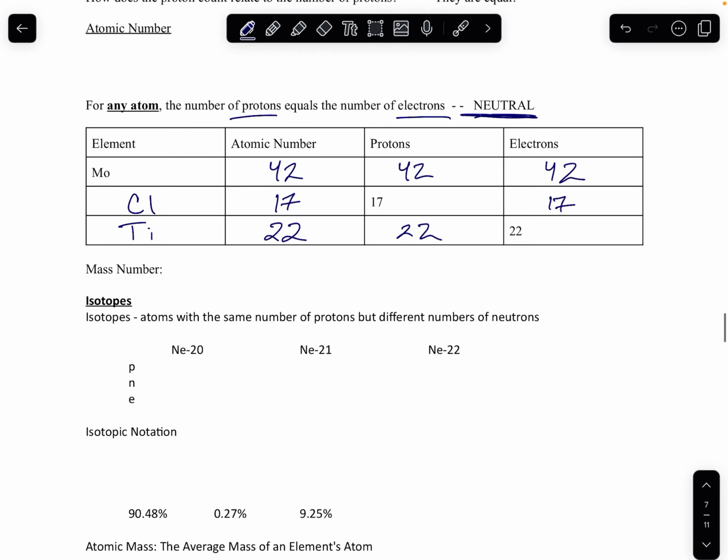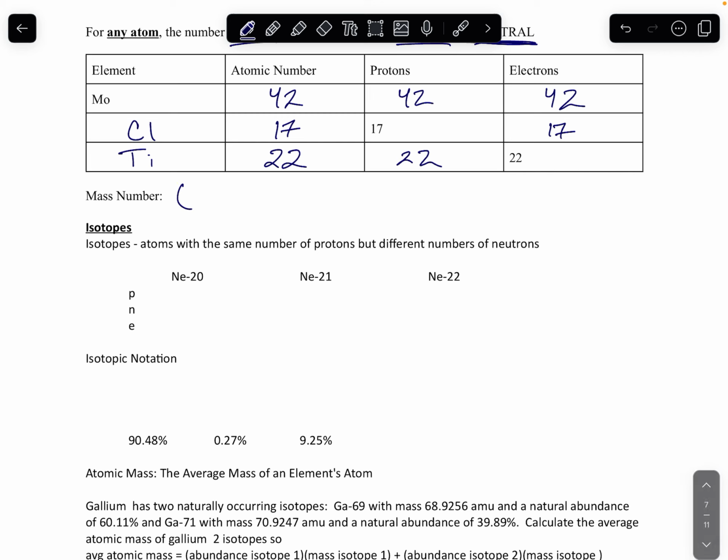They're pretty much even with each other. So my mass number, abbreviated as A, is going to be my number of protons plus my number of neutrons. But we don't always have the same number of neutrons in all the atoms.